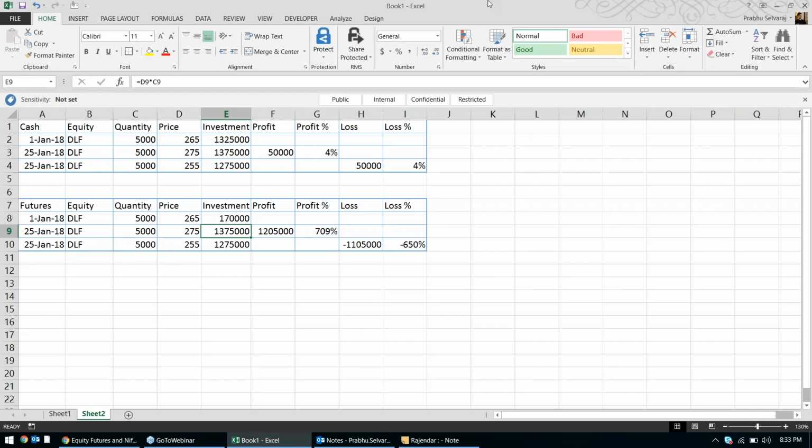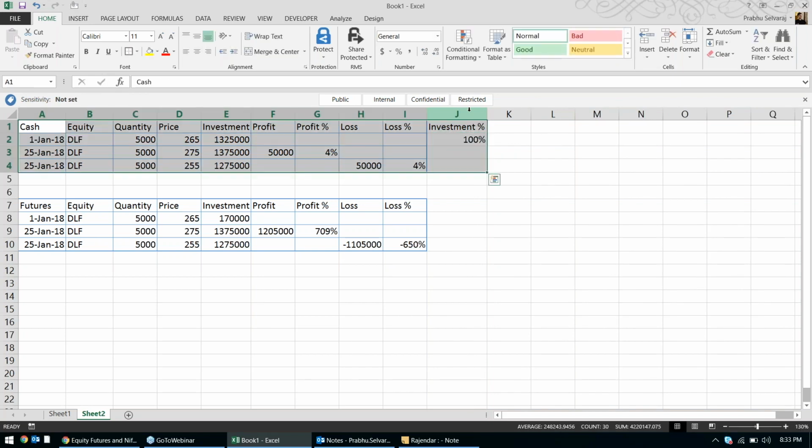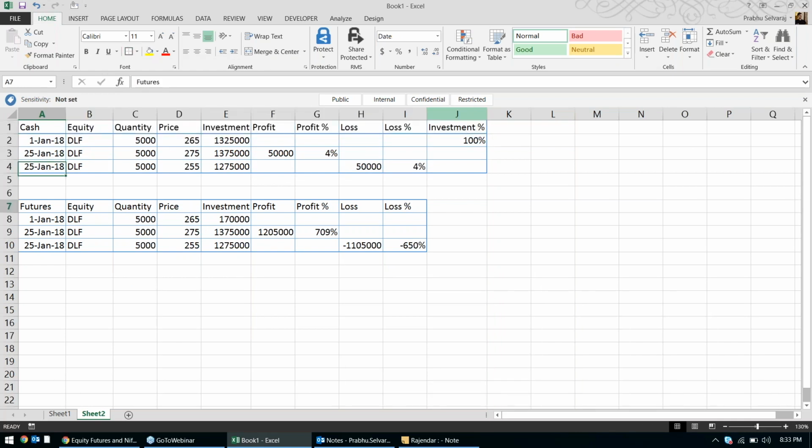So here what is my investment percentage? I have 13 lakh. I'm investing 100% into the market, the entire money, and I'm making this much profit. How much am I making? 4% on my investment.